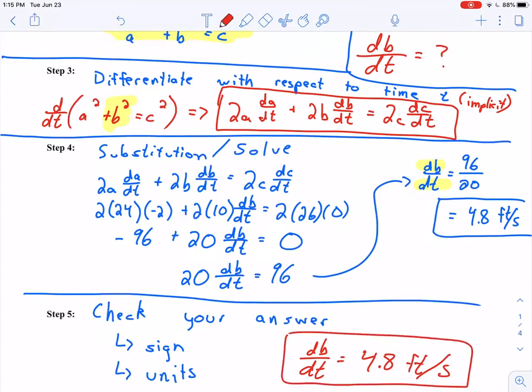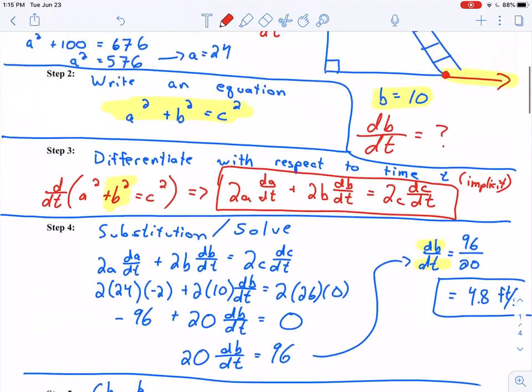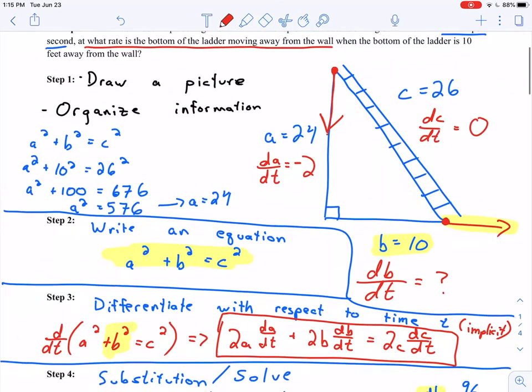So this was, I think, a pretty challenging one to start off, but it does a really good job of showing that first step, which I actually think is the hardest, but it's also the most important. Drawing your picture and organizing your information makes the rest of the problem so much easier to do.